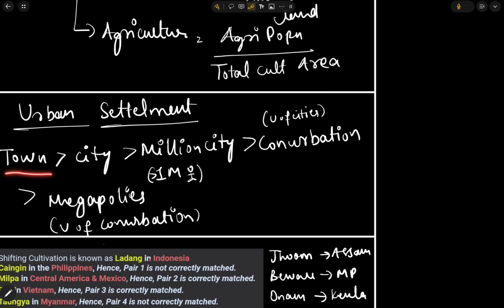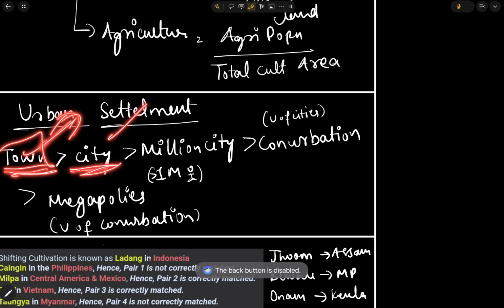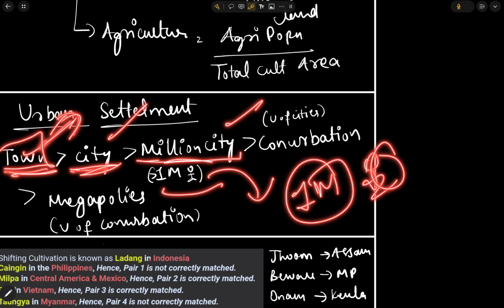First comes the town, which is the smallest one, then next we have the city, then the million city, which is where the population is greater than 1 million. That is known as a million city.